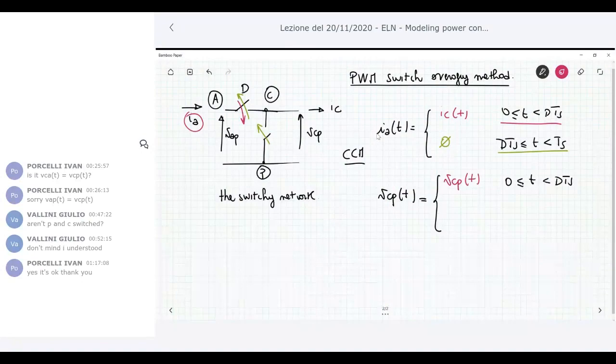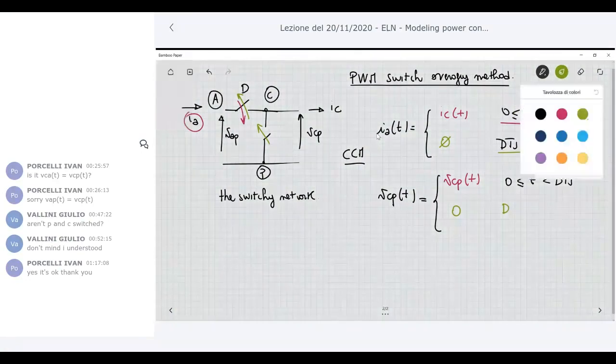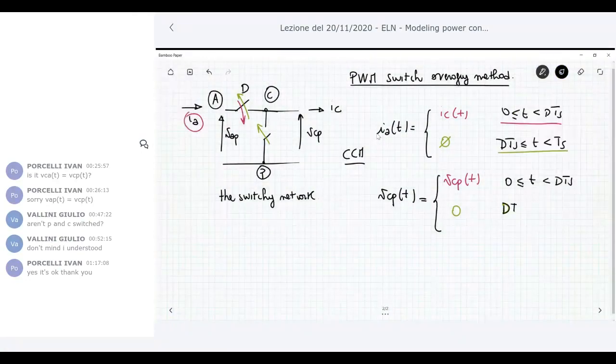What happens during T off when the switch is open? Of course, VAP is null. Okay, so we have this behavior here.